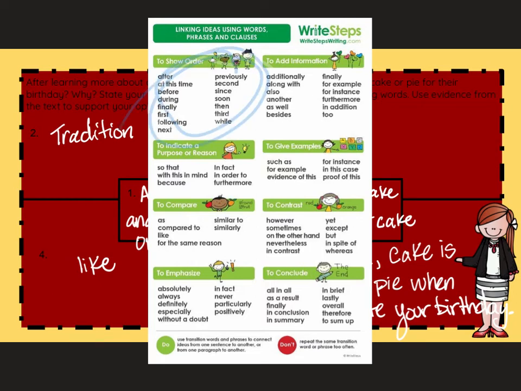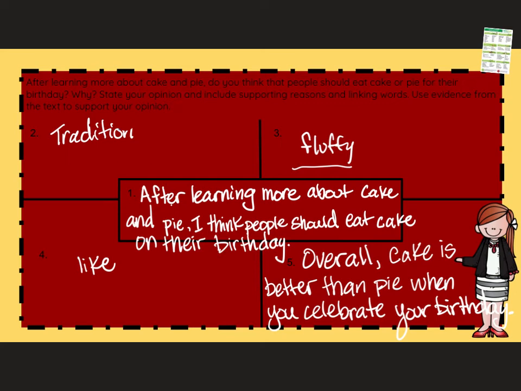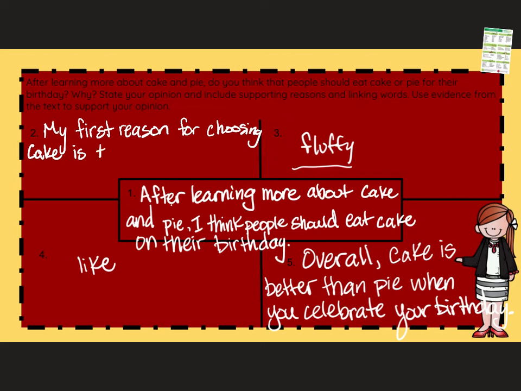So I'm going to say first reason, second reason, third reason. So I'm going to come back and erase tradition and start writing my different reasons. So my first reason for choosing cake is that it is traditional.